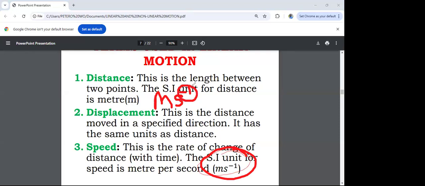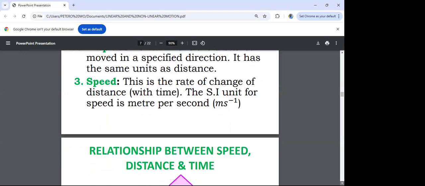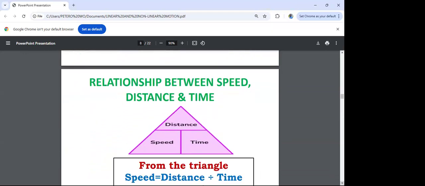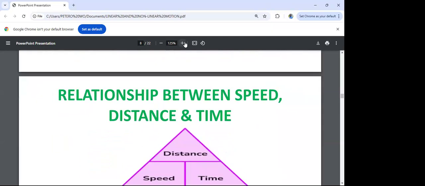So we don't use any other symbol except when we are looking for a second. After looking at speed, and here talking about distance and time, we can first go and visit the relationship between these three things: the relationship between distance, speed, and time.